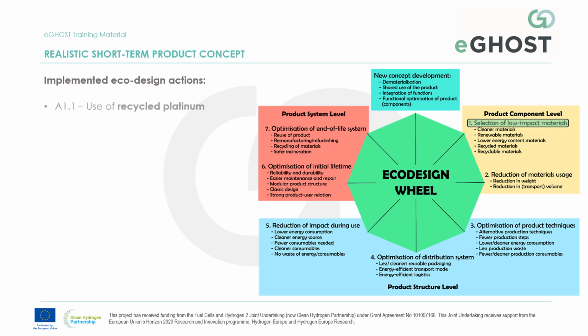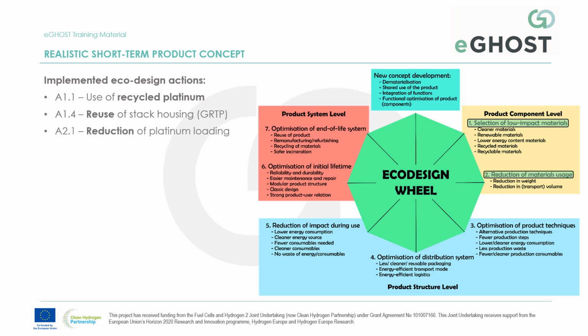So for the realistic short-term product concept, we have the following eco-design actions. We use the recycled platinum. We reuse the stack housing, which is basically the end plates. We have the reduction in the platinum loading, and we optimize the triple phase boundary.